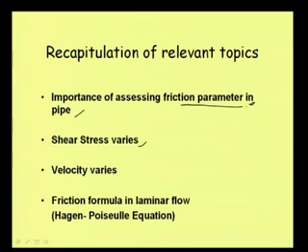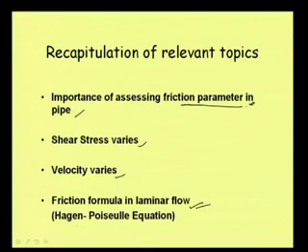With the help of these relationships, shear stress and velocity, we obtained a relationship for how the friction loss can be assessed, and so we obtained the friction formula in laminar flow that we call the Hagen-Poiseuille equation.